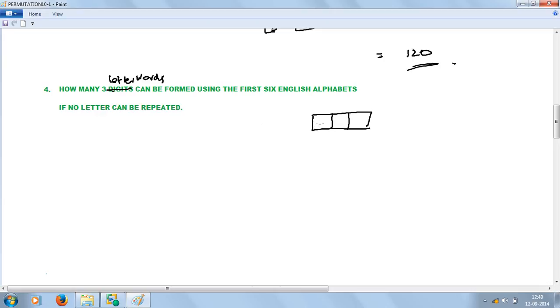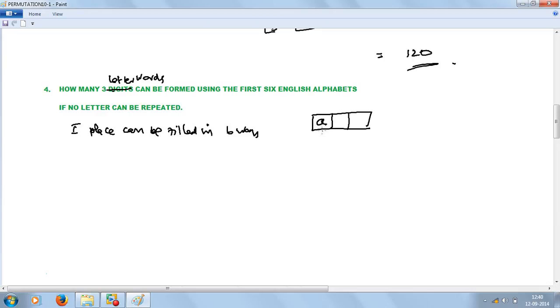Let us see the first one, how many letters can we fill up? Let us take the first place, which can be filled in six ways.